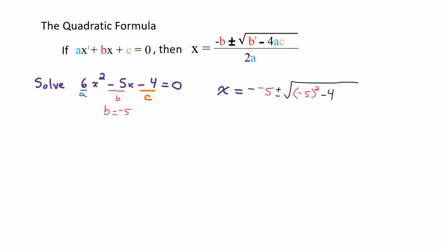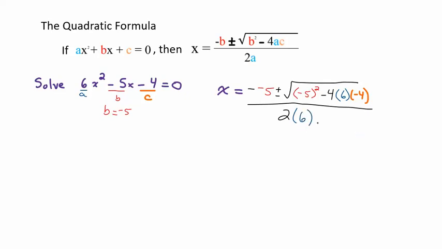Multiply by a, which is 6. Then multiply by c, which is negative 4. All over, that's important, this fraction bar has to go all over that whole entire thing. 2, and that's always going to be a 2, times the a value, which for us is 6 in this particular problem.